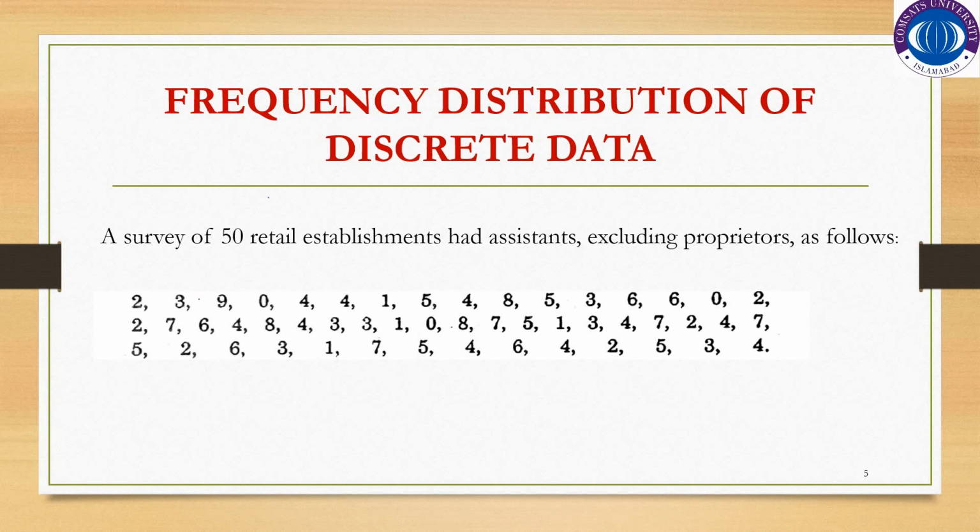But here the statement is a survey of 50 retail establishments had assistants excluding proprietors as follows. Now the number of assistants cannot be a decimal number. The number of assistants can be 0, 1, 2, 3 and so on. So here the variable is a discrete variable.